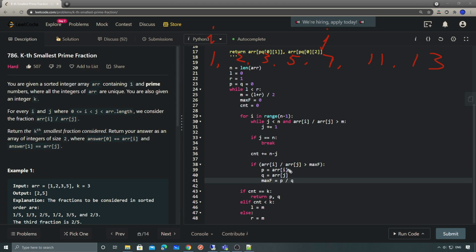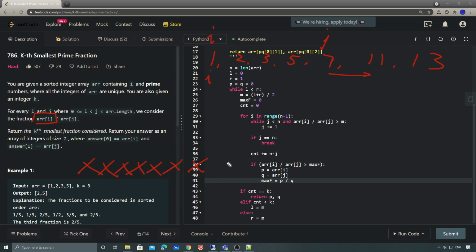When we stop here, i and j are the first pair which is smaller than the m, given this i is the p, the first number, which means it is also the biggest one with this i as the numerator. Because if j moves forward to the right side, the fraction will become smaller and smaller.